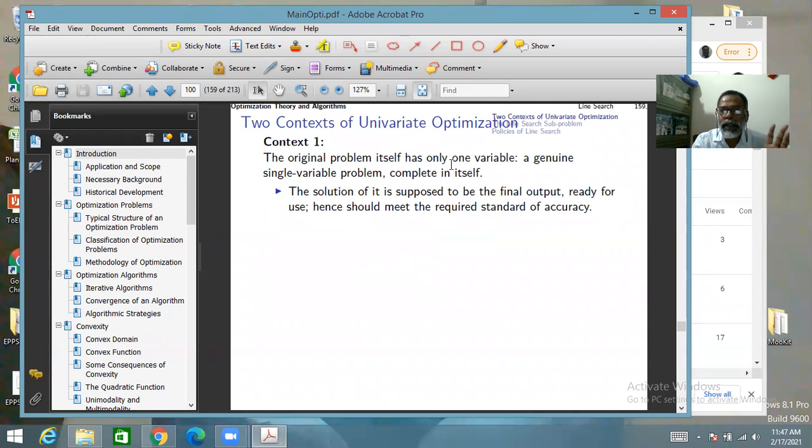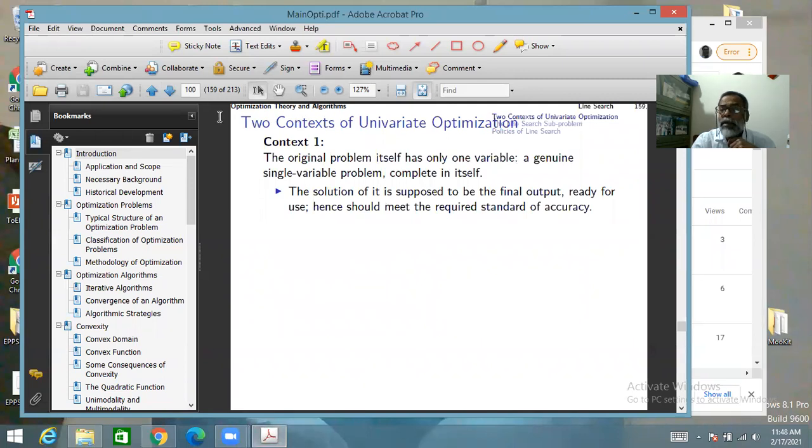It's a genuine single variable problem, complete in itself. The solution of it is supposed to be the final output ready for use. And so we talked about a high accuracy for getting the final solution.